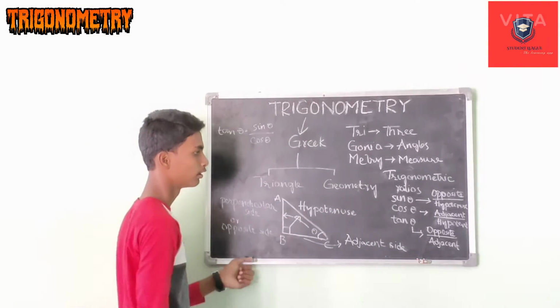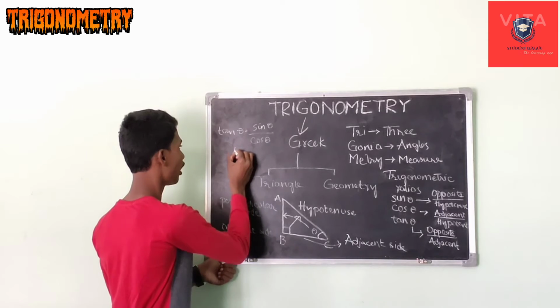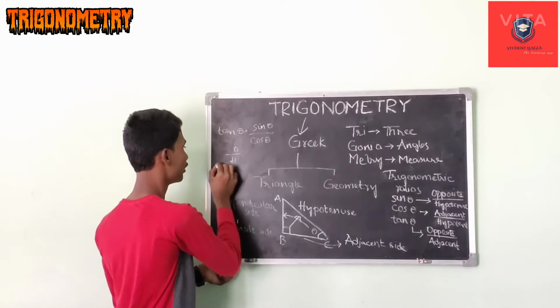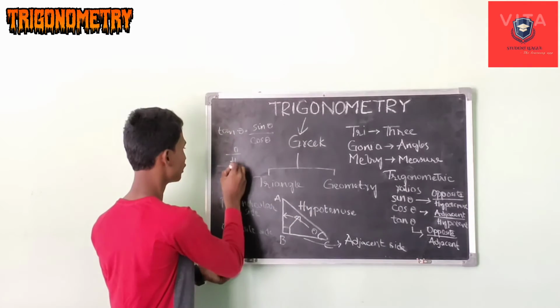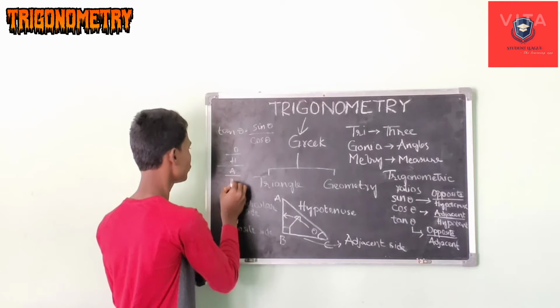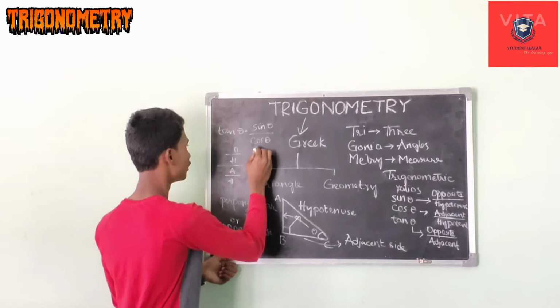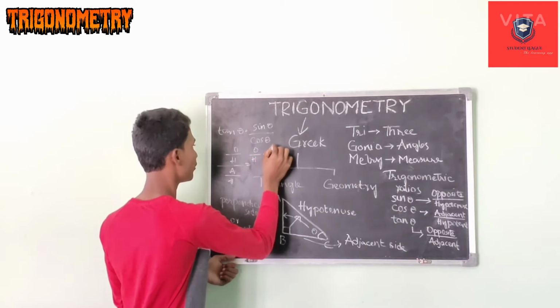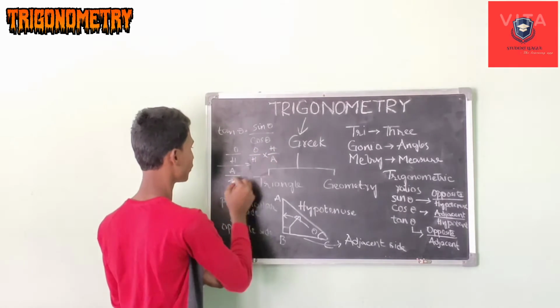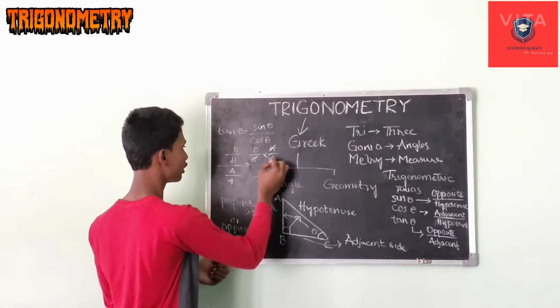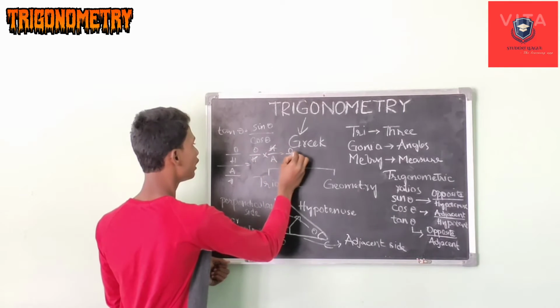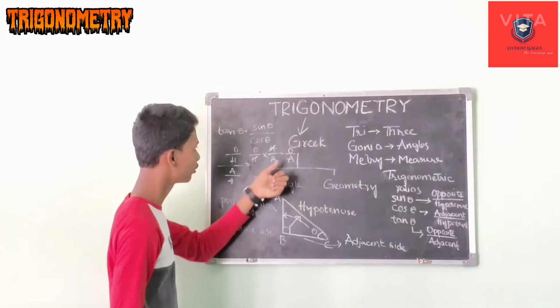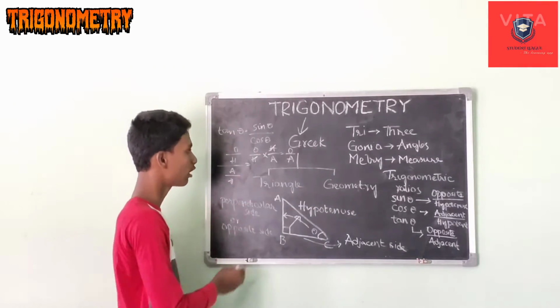The formula of sin theta is opposite by hypotenuse, divided by cos theta, adjacent by hypotenuse. That is opposite by hypotenuse into hypotenuse by adjacent, taking the reciprocal. The hypotenuse cancels, then we get opposite by adjacent. So tan theta is equal to sin theta by cos theta.